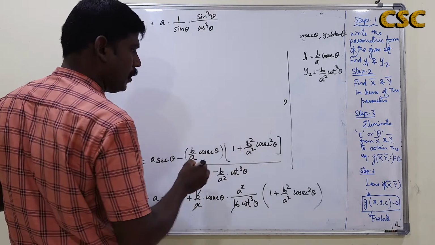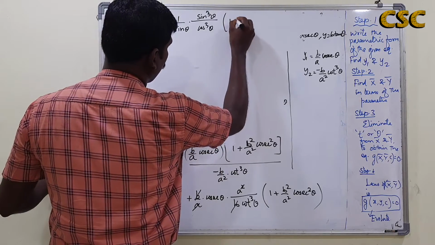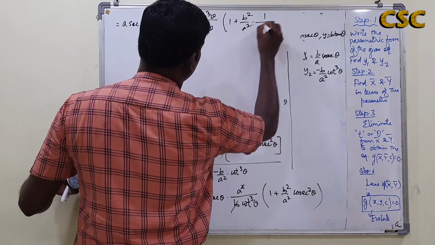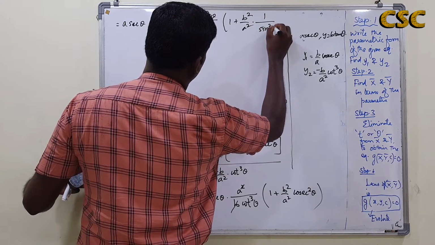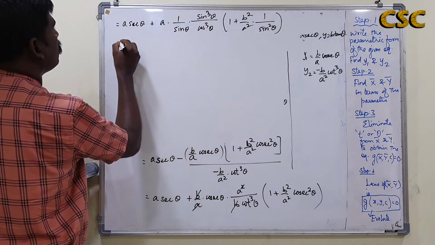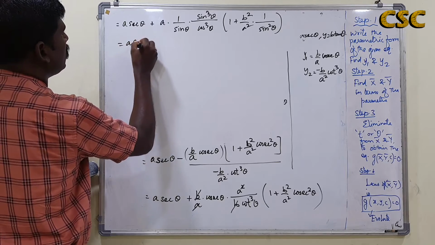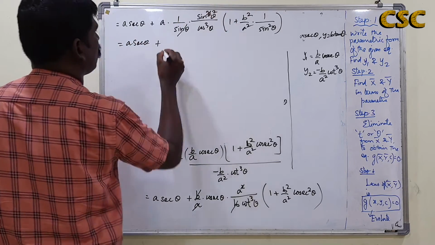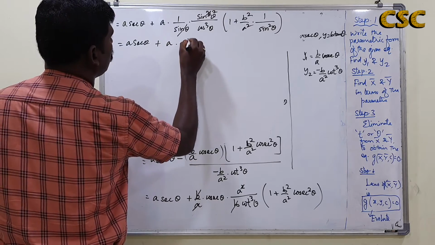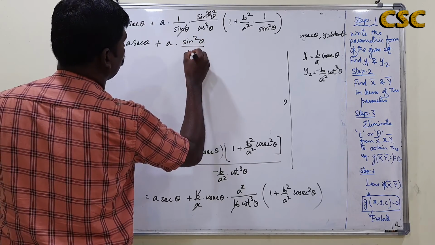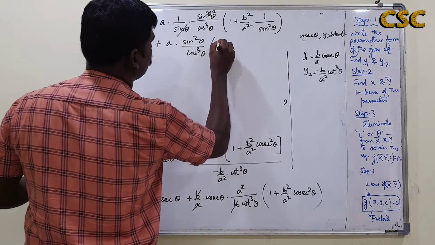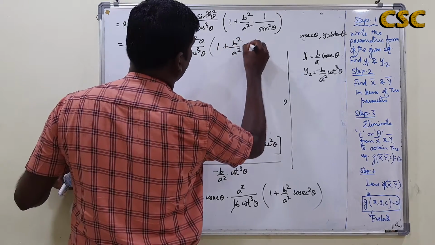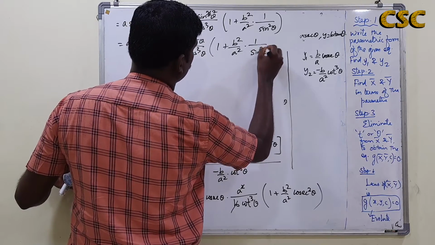So sin cube theta into 1 plus b square by a square into 1 by sin square theta, right? So that is equal to a secant theta plus we can strike out the sin theta with the sin cube theta, sin square theta is remaining, a into sin square theta by cos cube theta into 1 plus b square by a square into 1 by sin square theta.